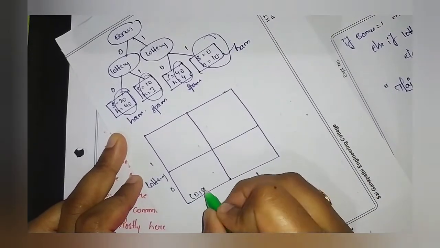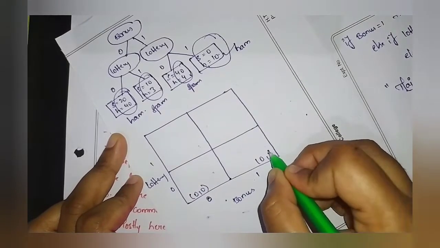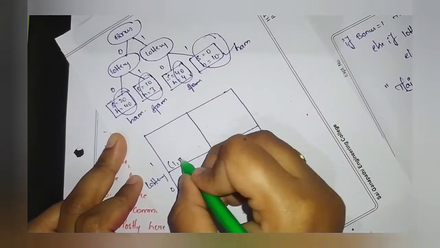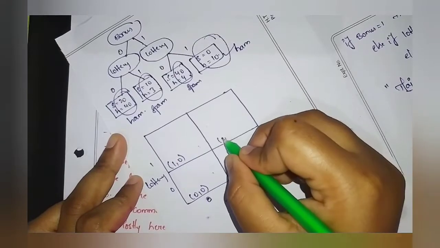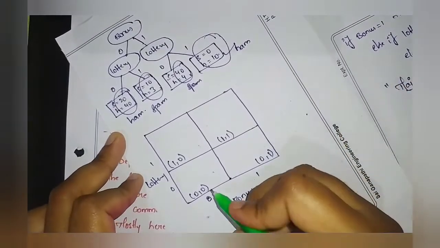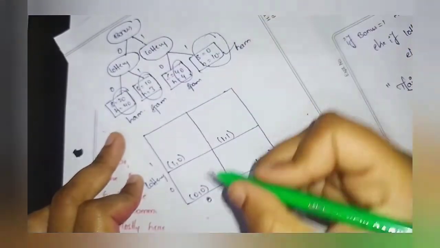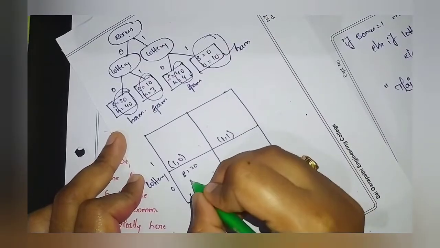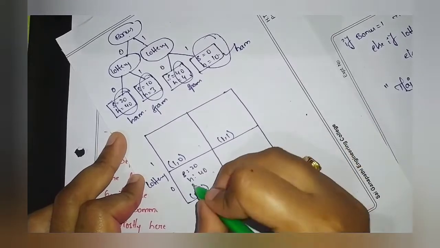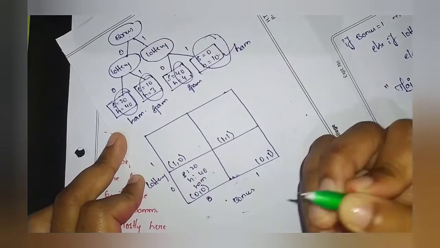This is the 0 0 quadrant, the 0 1 quadrant, the 1 0 quadrant, and the 1 1 quadrant, right? In 0 0, when bonus equal to 0 and lottery equal to 0, spam equal to 20, ham equal to 40, so the class is ham.